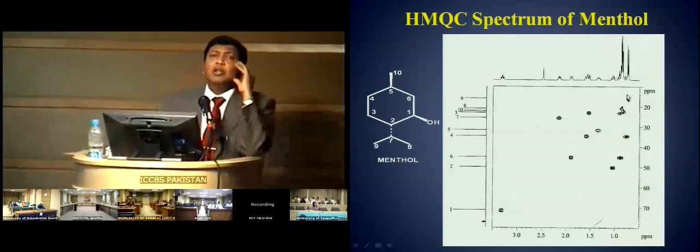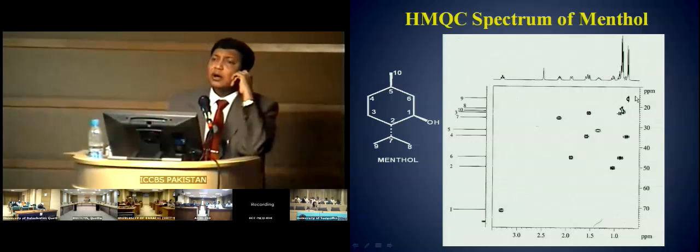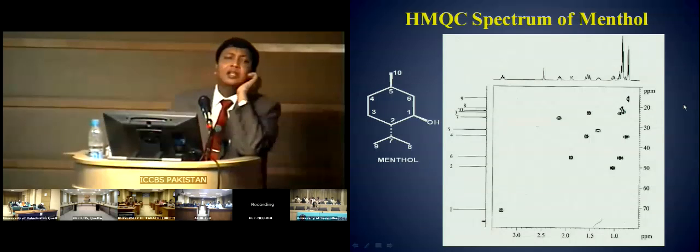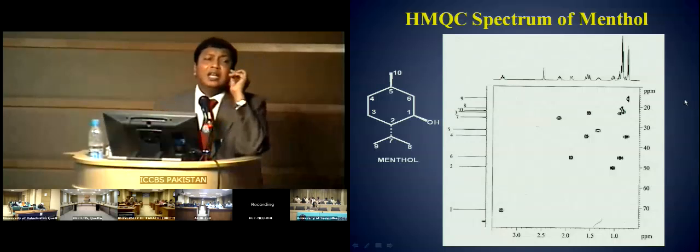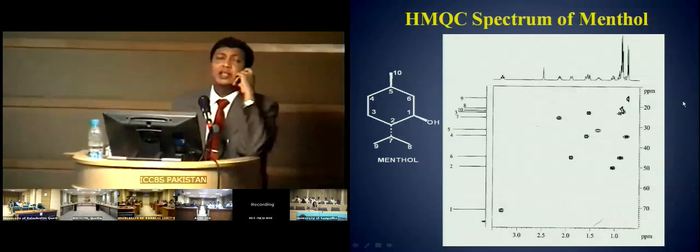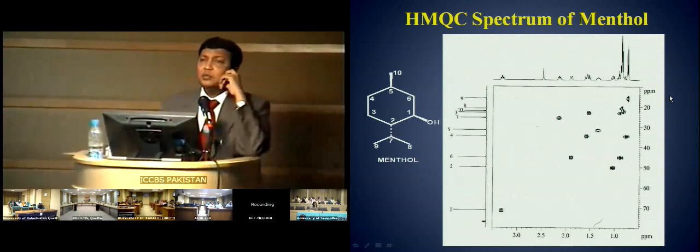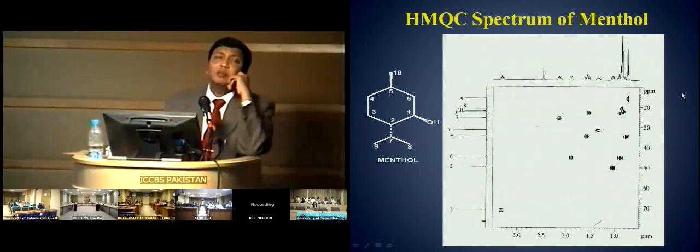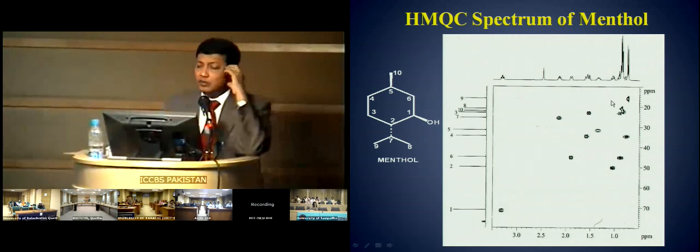Advantage is enormous sensitivity. You can record HMQC in less than a milligram of a sample. If you want to record carbon-13, even with the polarization transfer, you need to have more than a milligram of a sample at 300 megahertz.